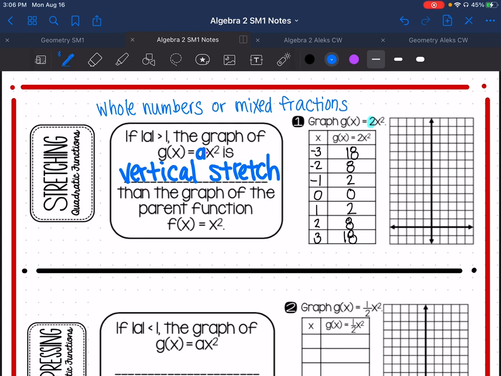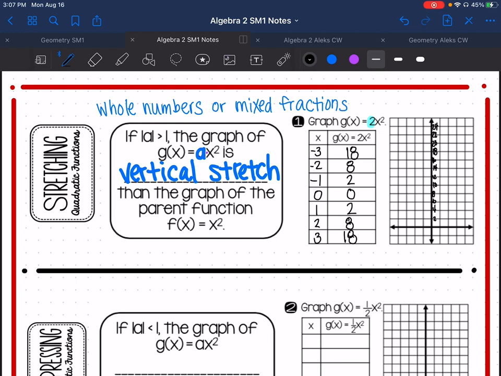If I go ahead and graph this one, let me see. I'm going to go by twos, so I'm going to say 2, 4, 6, 8, 10, 12, 14, 16, 18, 20, 22, 24, and the top would be 26.